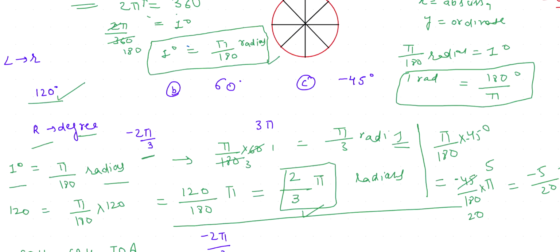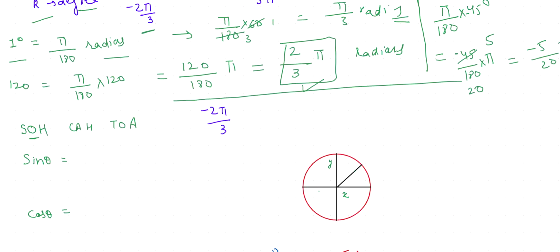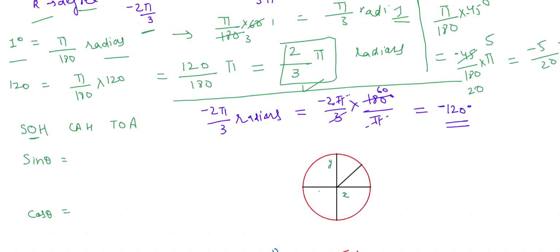Clear? Okay. So we have minus 2 pi by 3 radians. Then in degrees, just multiply it with 180 degrees by pi. The pi's will be cancelled out, and 60. Then you will get the angle minus 120 degrees. Clear? Okay.